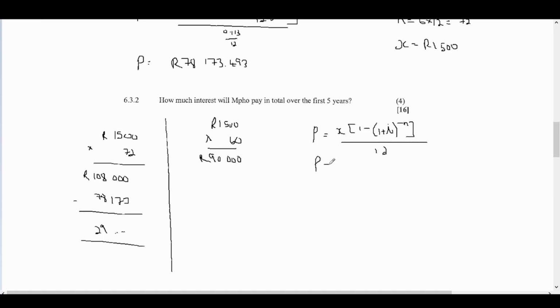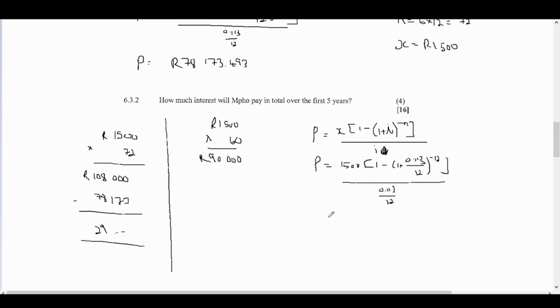So P equals 1,500 times 1 minus (1 plus our interest, which is 0.113 over 12) to the minus, and of course it's only 1 year now, so it's 12 times 1, all over 0.113 over 12.